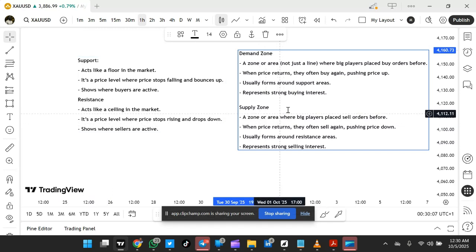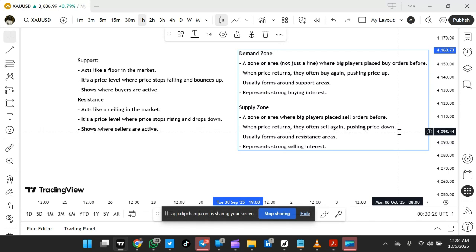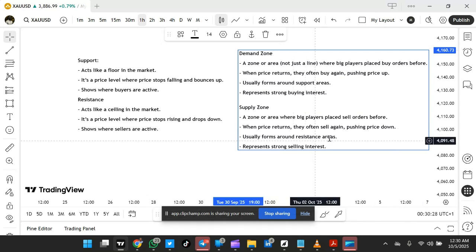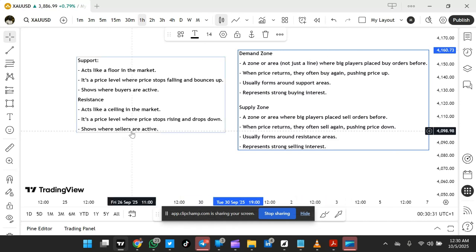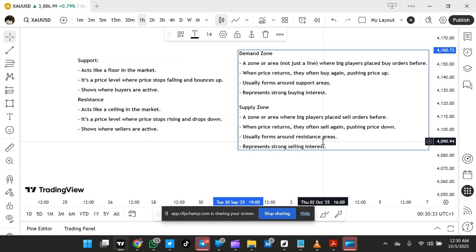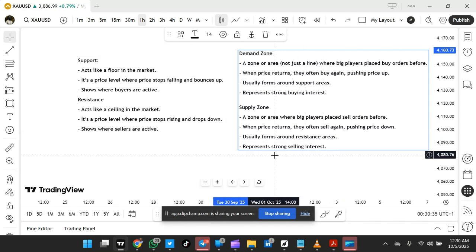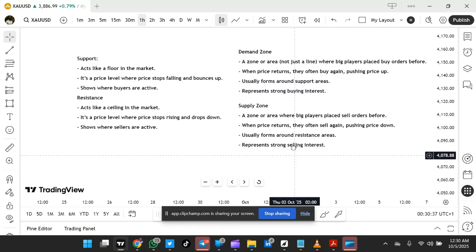It's not a line like your resistance, it's a zone. It's also at the top like your resistance level, but it's not your resistance, right? So when price returns to that zone, they often sell again, pushing price down. They usually form around a resistance area, but not necessarily a resistance zone. They represent a strong selling interest.